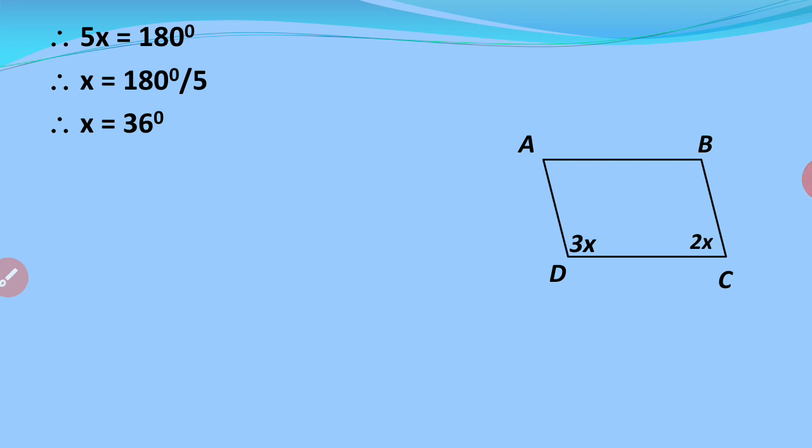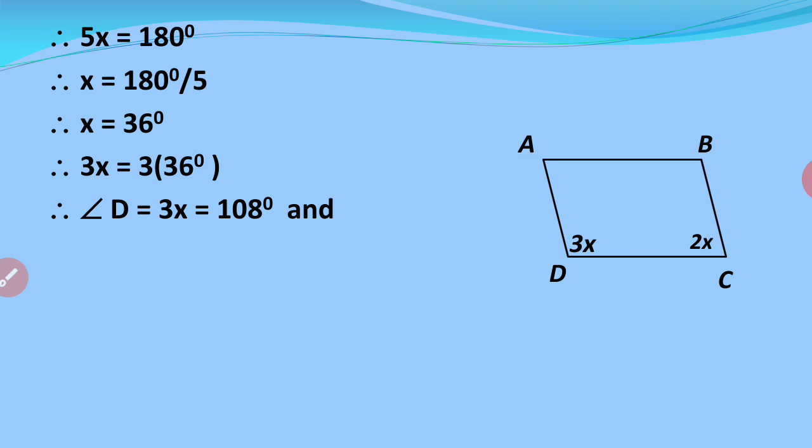When we proceed, we get x equal to 36 degrees. But x is the multiplier and we are supposed to find the measure of the angles, which are 3x, that is 3 into 36. So we can say that angle D is equal to 108, and as we have found out 2x, which comes out to be 2 into 36, angle C is 72 degrees.